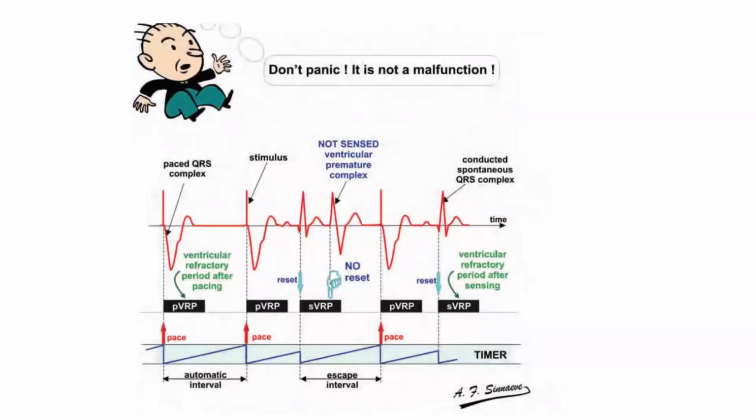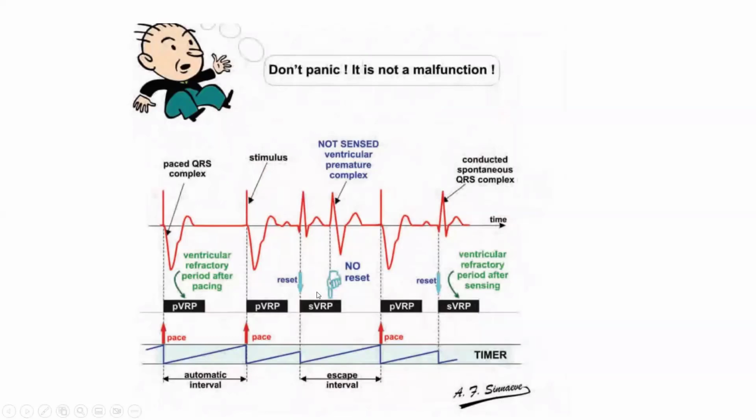Now we see it in a tracing. We have spike, QRS complex, spike, QRS complex after the interval, spike, QRS complex, then a sensed interval, then another interval. But this second QRS complex, or this PVC, occurred in the refractory period of the previous complex. So the pacemaker doesn't recognize it.